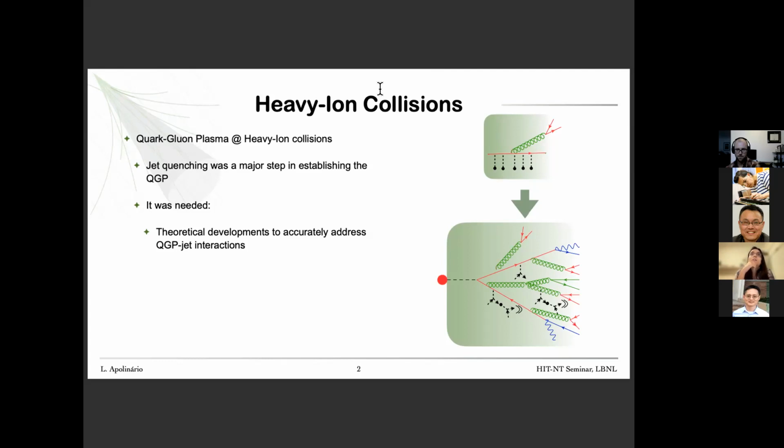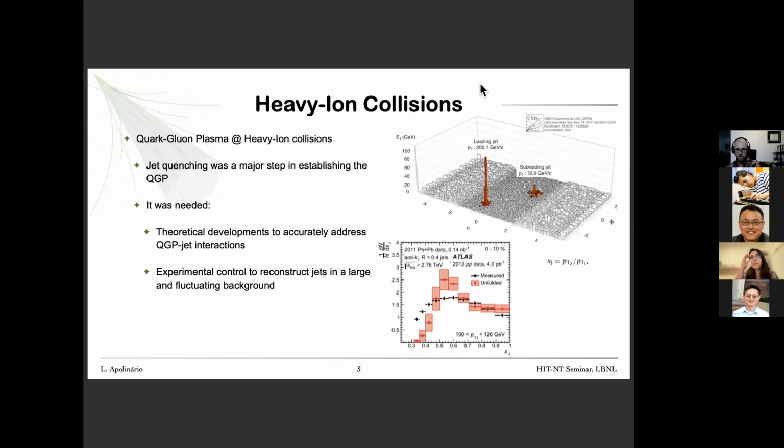Historically, the amount of developments that this field has undergone was enormous, because we went from a situation in which we only cared about the leading particle, as in the first collisions at RHIC, to a situation in which we are able to reconstruct the full jets and the full kinematics and all the interactions that happen during the propagation of all these particles across the medium. Of course, that's aligned with all these theory developments.